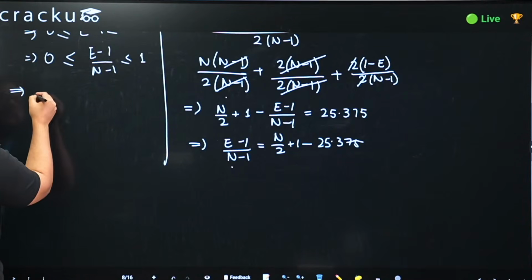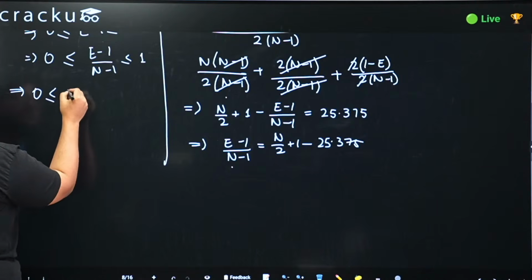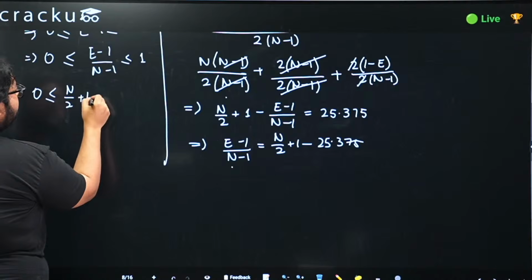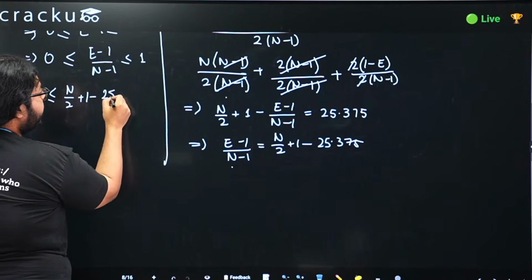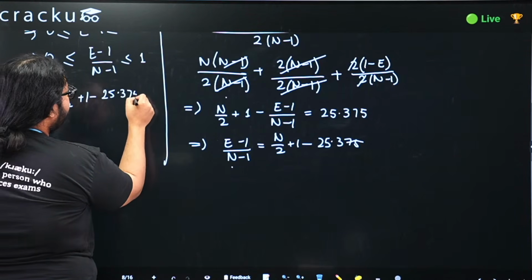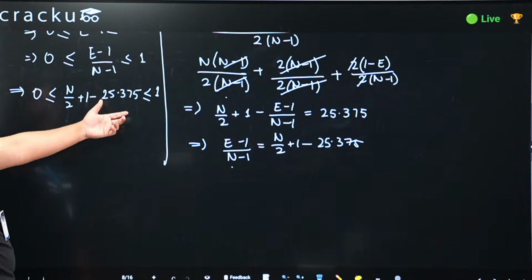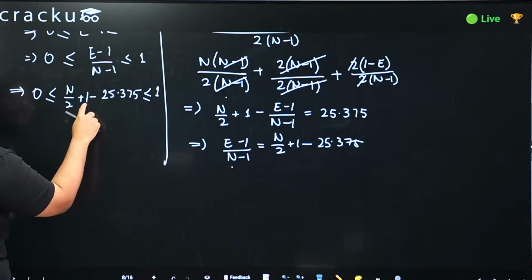So we get 0 is less than or equal to n by 2 plus 1 minus 25.375, and this is less than or equal to 1. Now I can just do the side change of things because this is also positive.